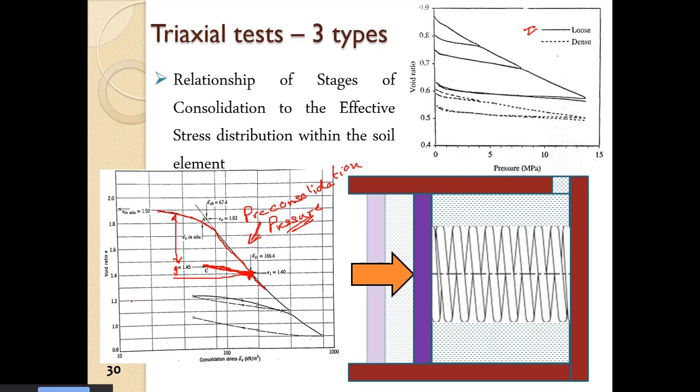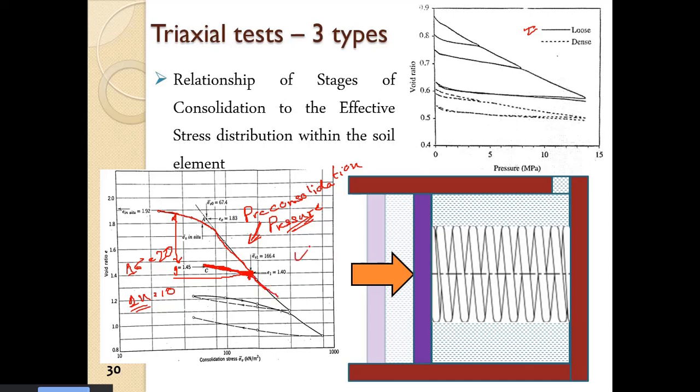Therefore, the pore pressure development is lesser than what it should have been. Suppose delta U should be maybe 20 kPa. Instead of 20 kPa, we may get 10 kPa or some lesser value. That is why it is happening here. Now, what will happen beyond this, we will see.